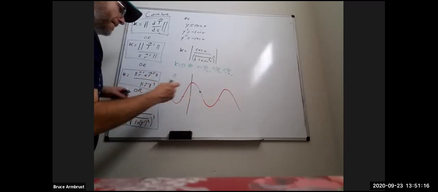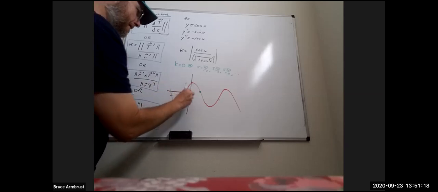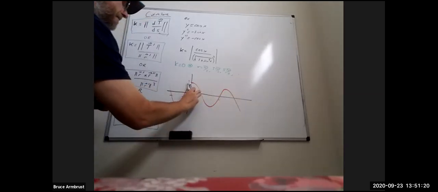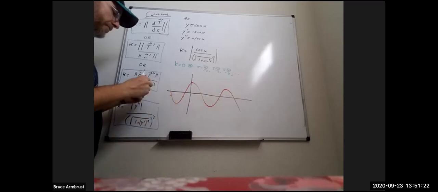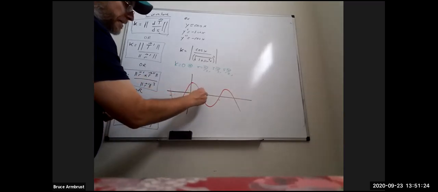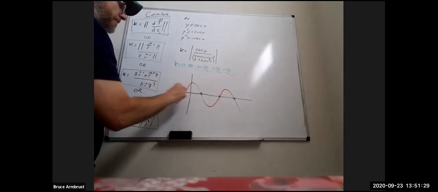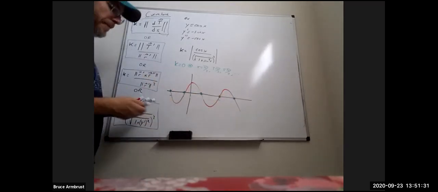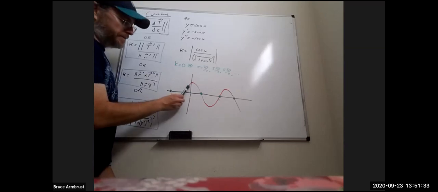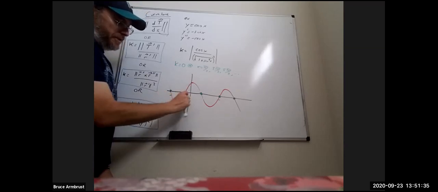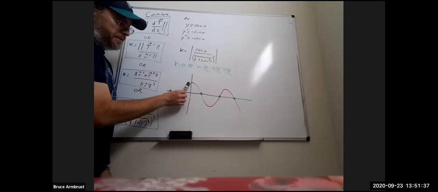Let me make this a little bit better. That's closer to actual cosine. So here is pi over 2, 3 pi over 2, 5 pi over 2, minus pi over 2, minus 3 pi over 2. And you can see that at those spots, it's pretty much linear. I mean, you zoom in here, it's going to look nice and straight.